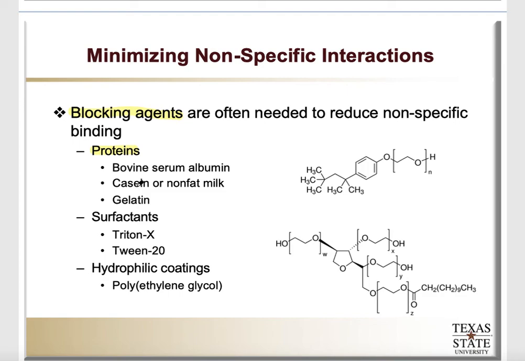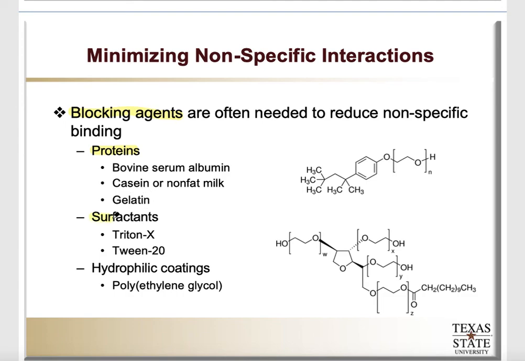Another protein that is utilized is casein, which is a protein found in milk, or you might actually utilize non-fat milk. In a lot of biochemistry labs, they will have powder milk to utilize for this purpose. Gelatin is another example that is used.